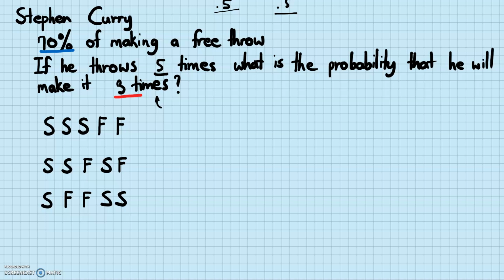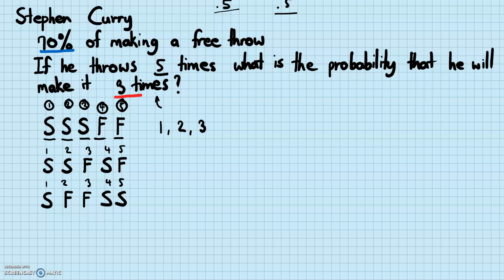If you assign a place for each of these, let's call them 1, 2, 3, 4, 5, the same for all of these, you can think of this as choosing the places for the success. In the first case, I've chosen 1, 2, and 3 for the spots for success.